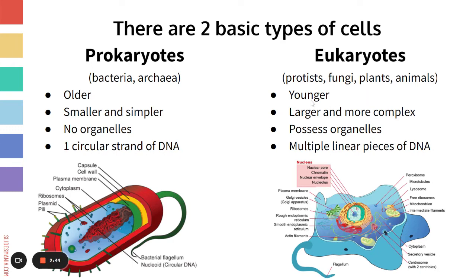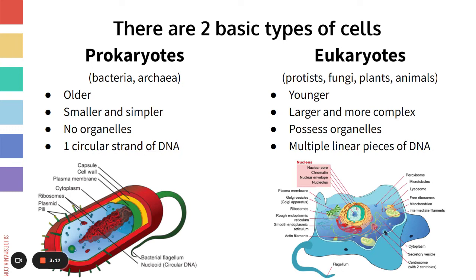Okay, and then eukaryotes came about way, way later in time, evolutionarily speaking. So they're going to be younger in terms of evolution. And they're also going to be a little more familiar to us because any sort of animal like we are, plants, fungi, protists, those are all eukaryotes. Eukaryotes are much larger and structurally they're more complex. So they're going to have a little bit more going on in terms of pockets and little compartments doing specific things.